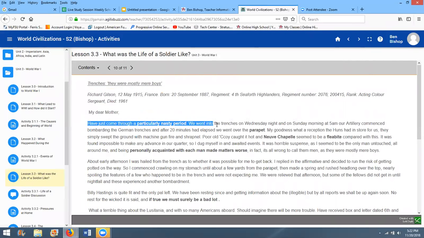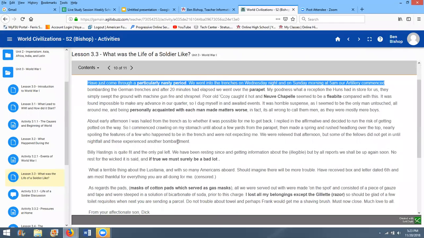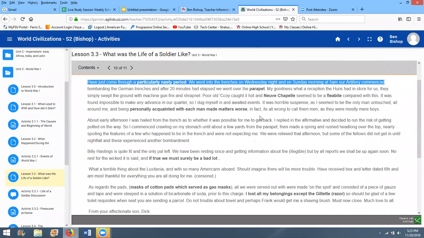We went into the trenches on Wednesday night and Sunday morning at 5 a.m. Okay, so I'm not going to read the whole thing to you, but this is an introduction. This is introducing what I'm feeling if I'm writing this as a soldier, what I'm doing, an introduction.